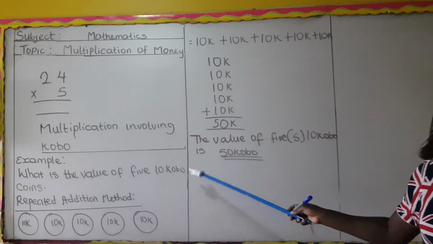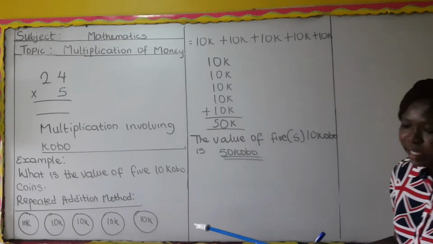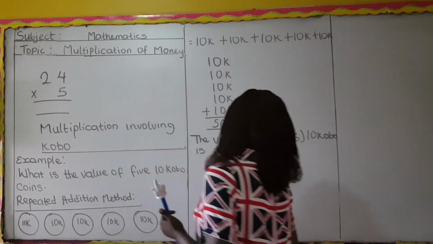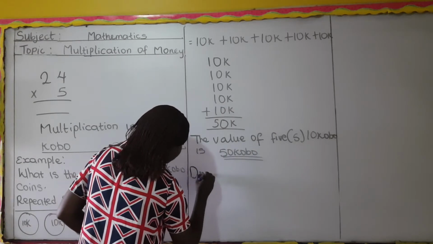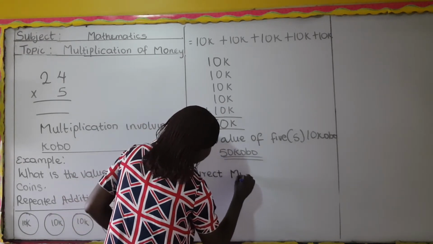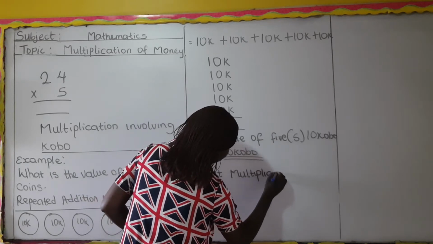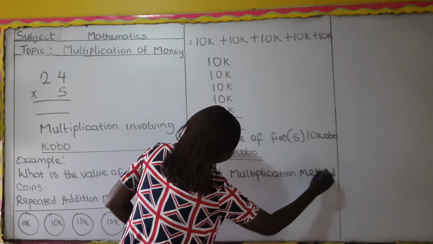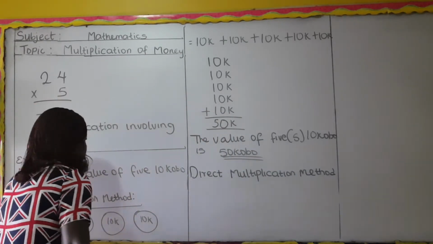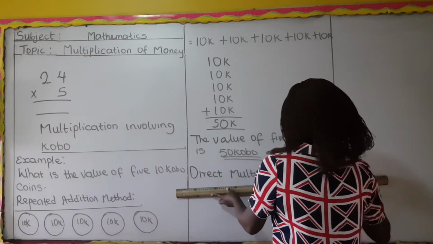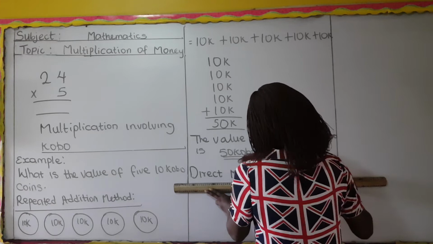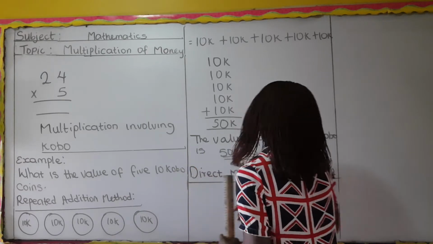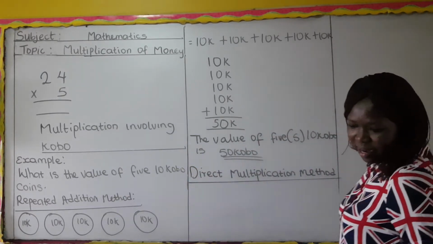So this is the repeated addition method. So we're moving to the direct multiplication method. So this is very simple.